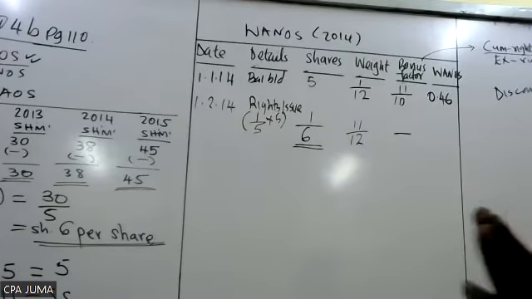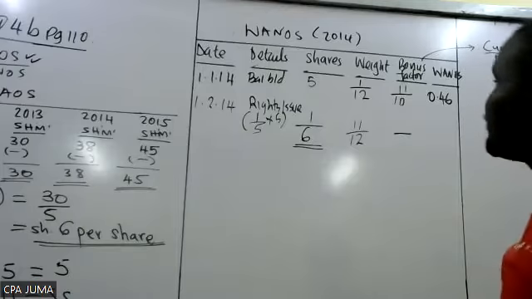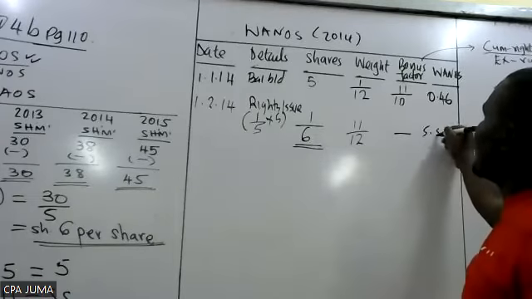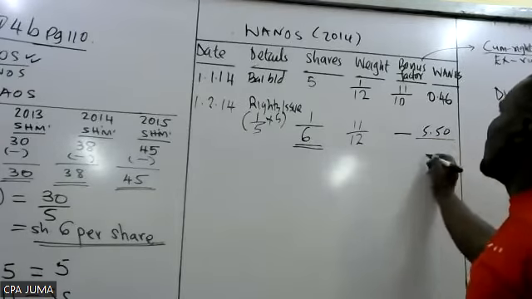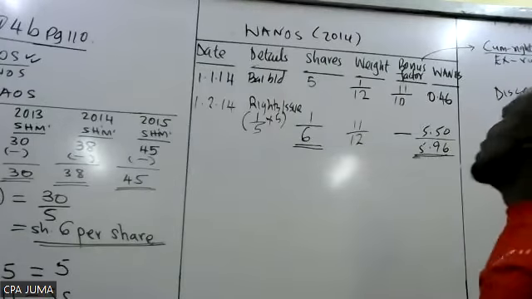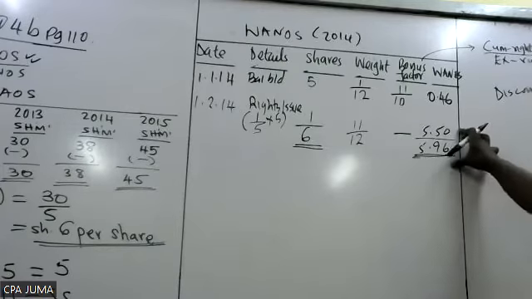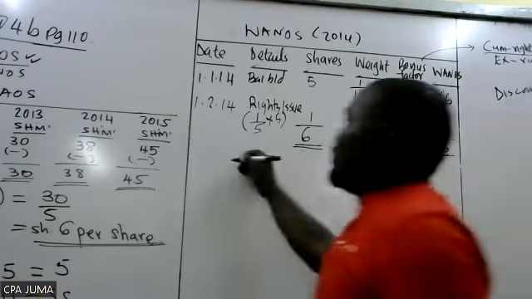Mukishika, rights issue, you are very good to go with EPS. So 6 times that, Adam, 5.5. Therefore, this will be 5.96, the total weighted average. So the weighted average is 5.96.